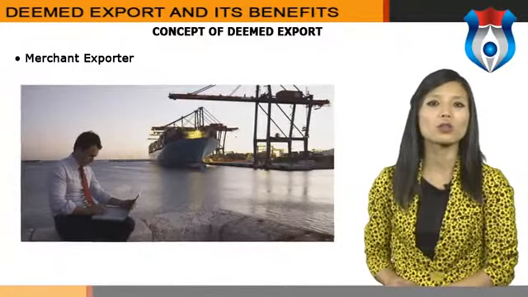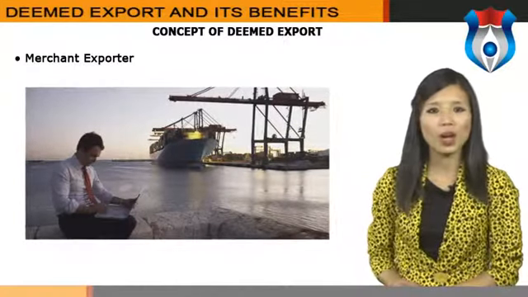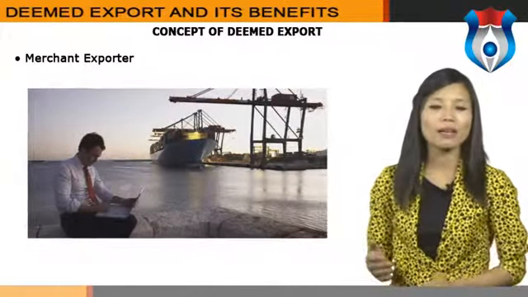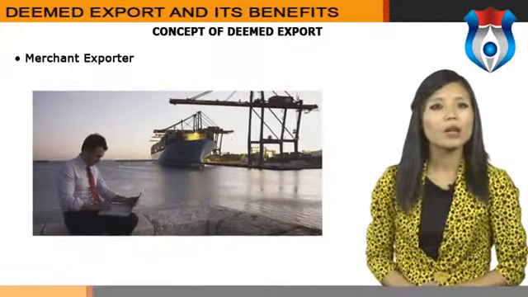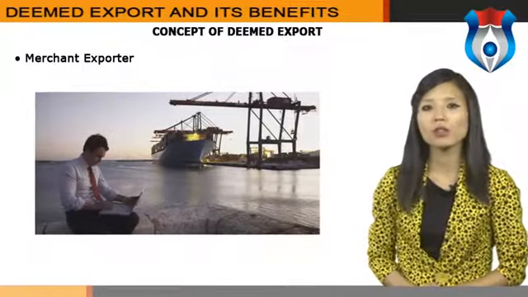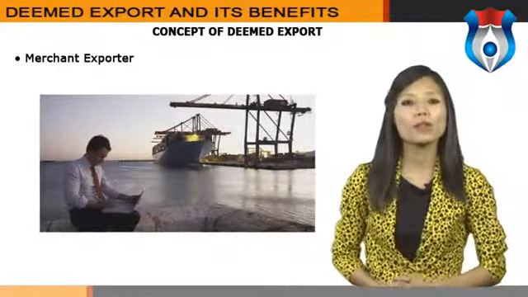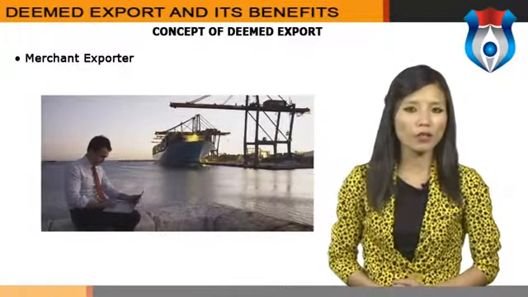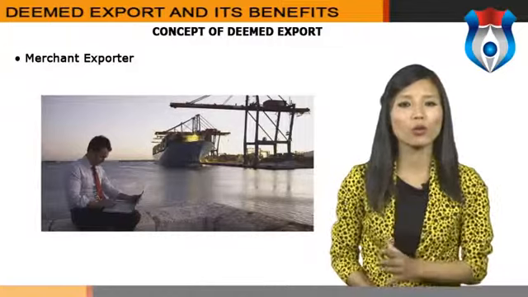A status holder means an exporter recognized as export house, trading house and so on by DGFT or Development Commissioner. Supporting manufacturer means any person who manufactures any product or part, accessories or components of that product. The name of the supporting manufacturer as well as the exporter must be endorsed on export documents.